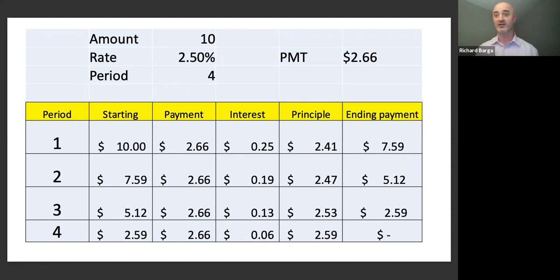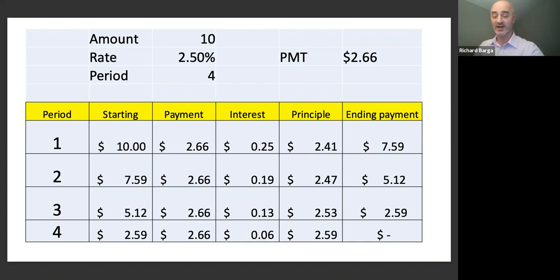Now, Microsoft Excel is an extremely powerful program and can do all these calculations for you. But what I've done here is lay out the basic elements we talked about a few slides ago. The total amount borrowed is $10, the rate charged by the parents is 2.5%, and they want it paid back in 4 years.